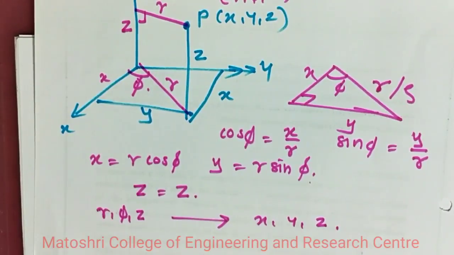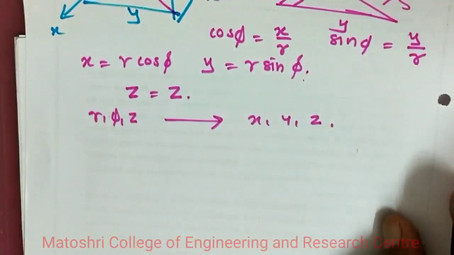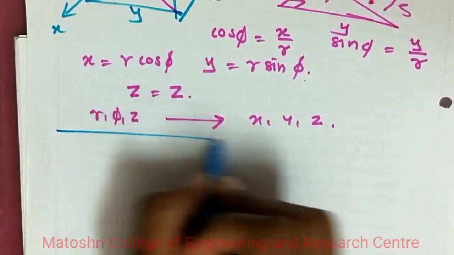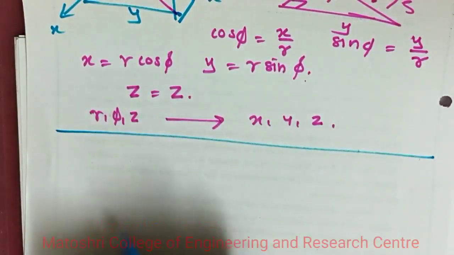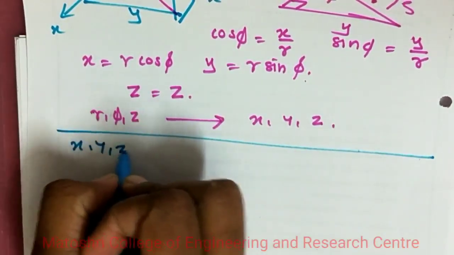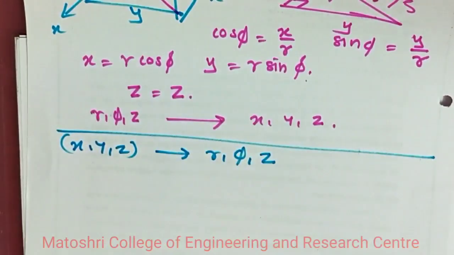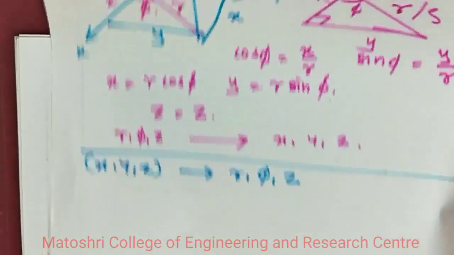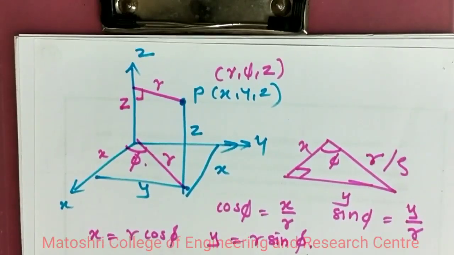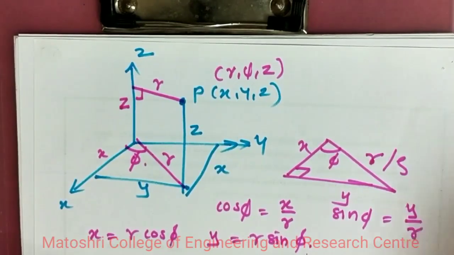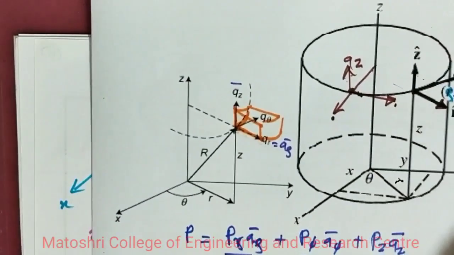Now suppose, rather than the cylindrical coordinate system, the point is located in terms of the Cartesian coordinate system, and we need to find r, phi and z. We will again come back to this particular figure. As we need to specify the location in terms of r, phi and z, just to avoid confusion, let me consider this figure.